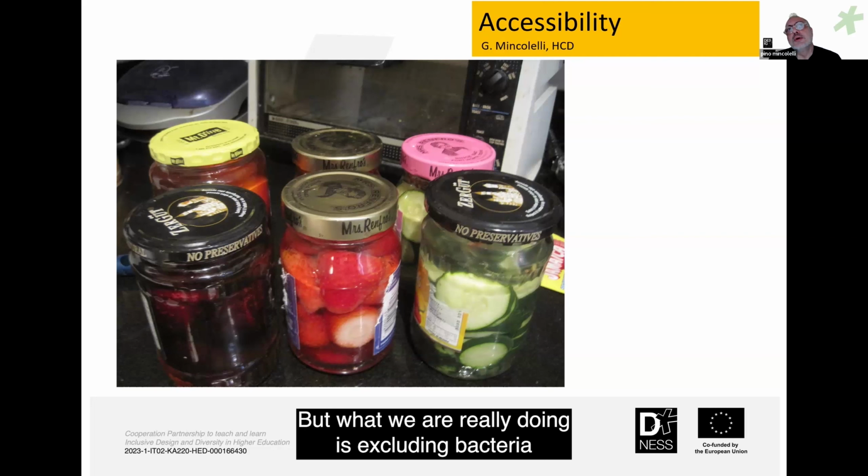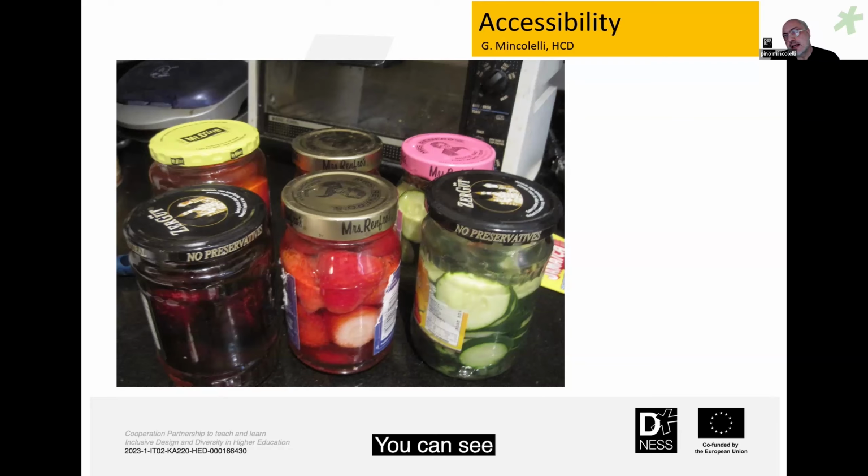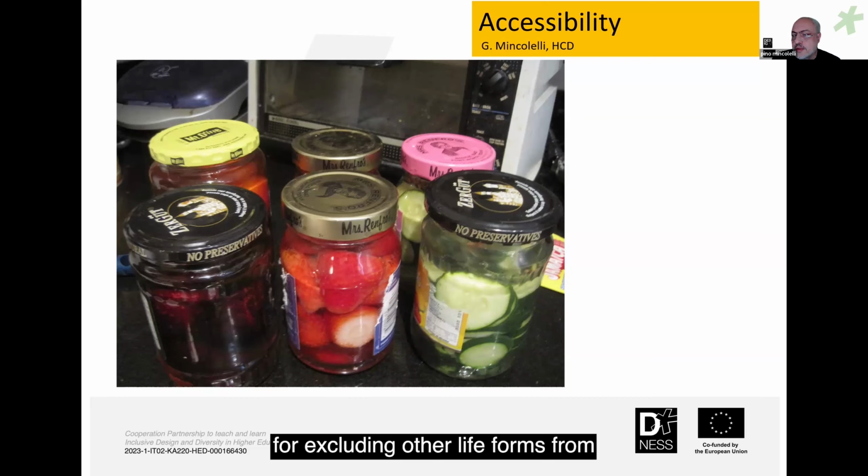But what we are really doing is excluding bacteria from reaching the fruits that we want to eat. You can see a canned vegetable as a tool for excluding other life forms from consuming our food resources.